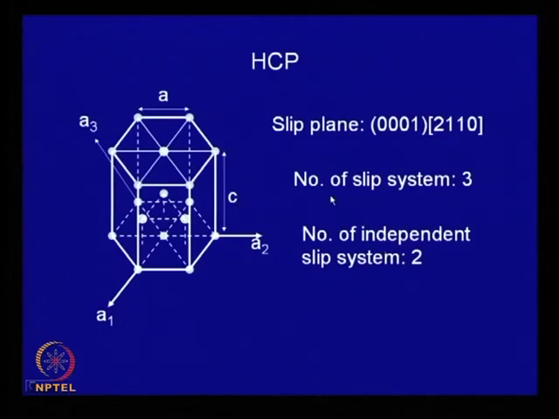So, this is quite important to know. Hexagonal close packed crystal, because of its specific arrangement of atoms, has a very limited number of slip systems. As we go down a little later, it will be much more clear that hexagonal crystals are difficult to deform because of non availability of slip systems.